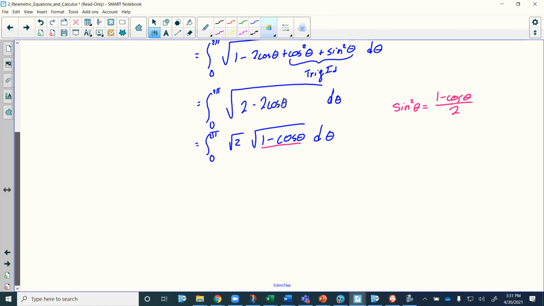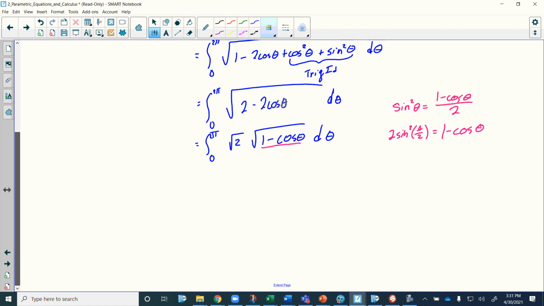So if we take that 2 and multiply it to the other side, we're going to wind up with 2 sine squared of theta over 2 equal to 1 minus cosine of theta. So I can take that and substitute it underneath the radicals.